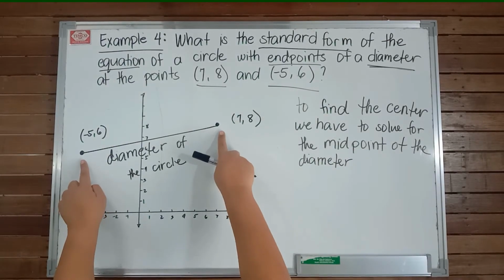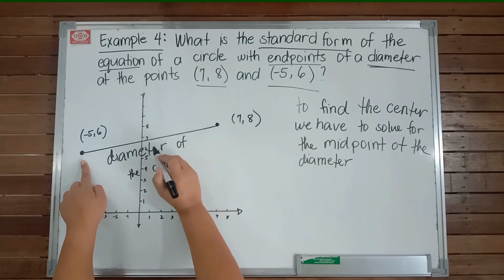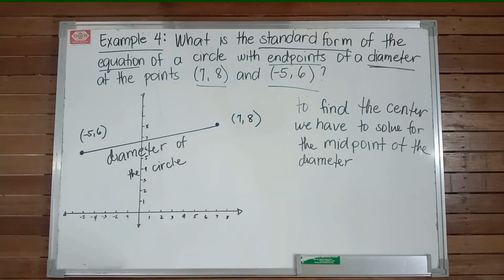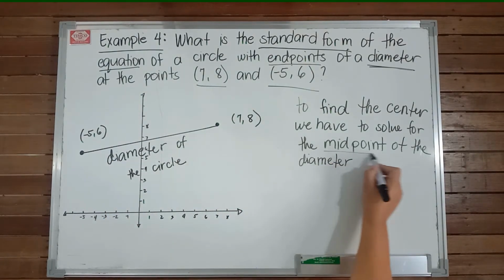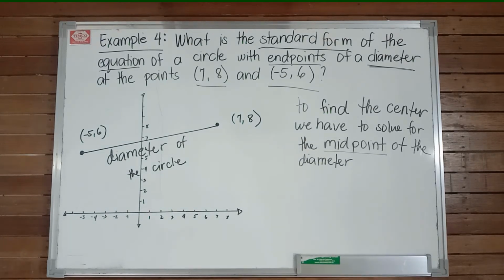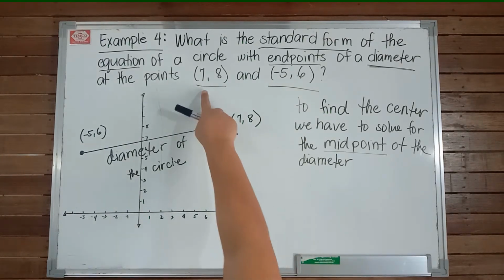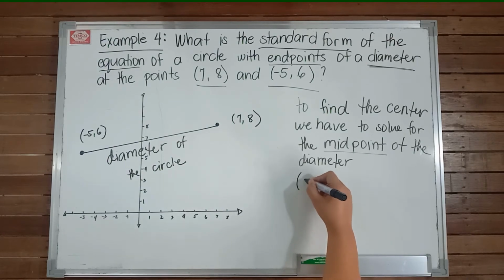Take note, 'di ba? Ang kalahati ng diameter ay radius. So, dahil ang center ay nasa gitna nga, kailangan hanapin natin yung midpoint. From the word itself, middle point. So, yun yung center natin.